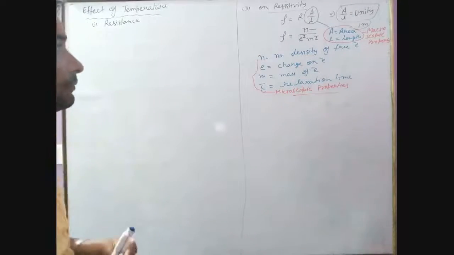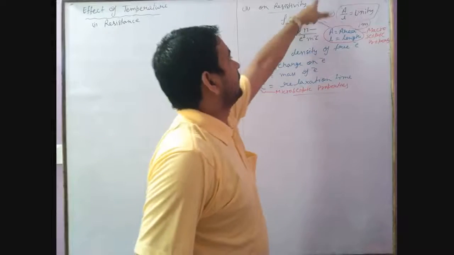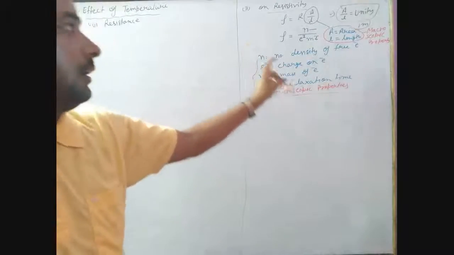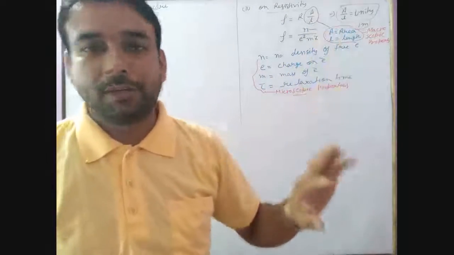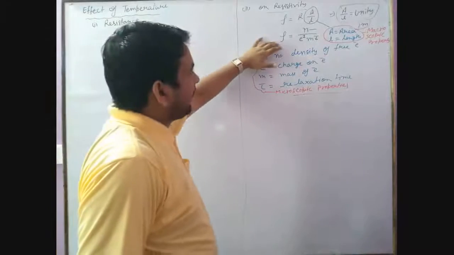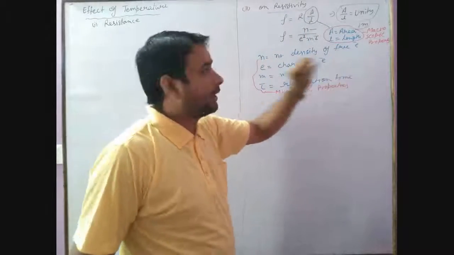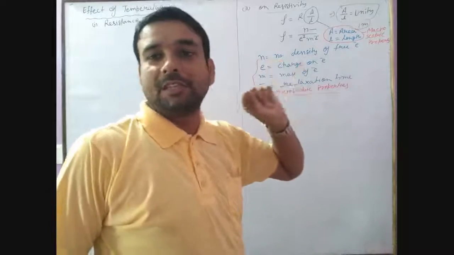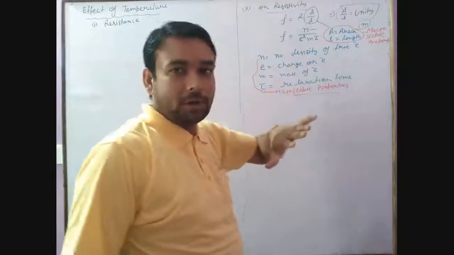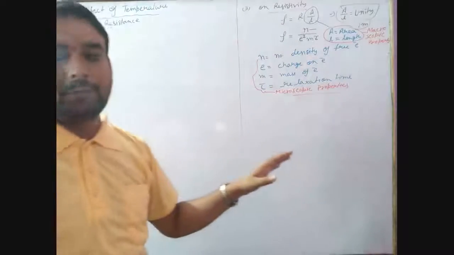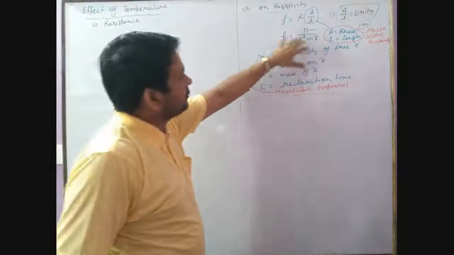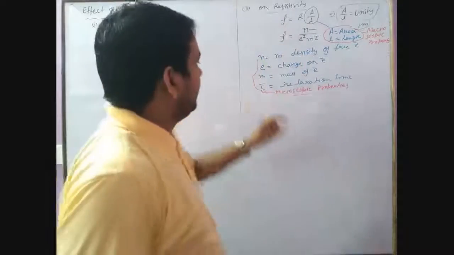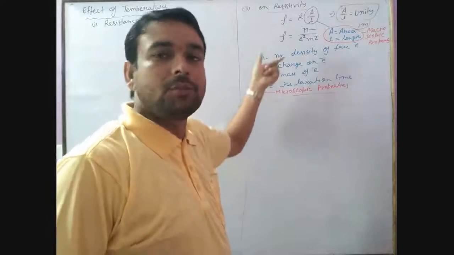Clear? Now, when we define resistivity, it is a macroscopic property taken as unity, which means no change takes place in the resistivity as we change its dimension or geometry. Resistivity basically depends on the number of free electrons in the conductor, the charge on the electron, the mass of the electron, and the collision time between two consecutive collisions. These are all microscopic properties, so resistivity is an inherent property of the given conductor.